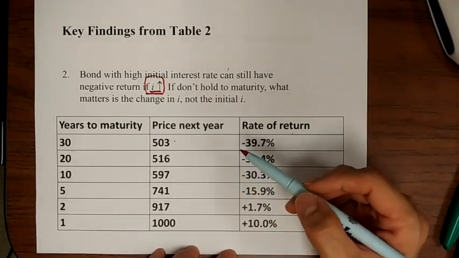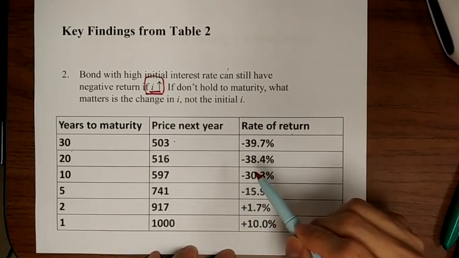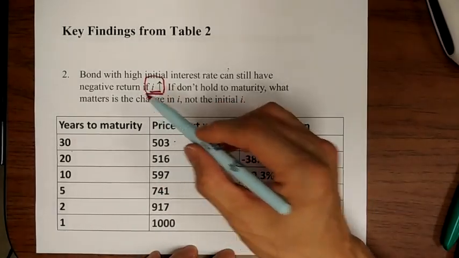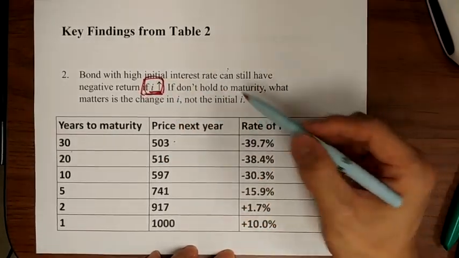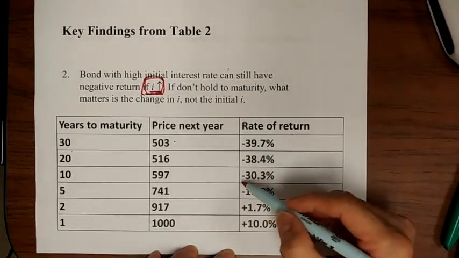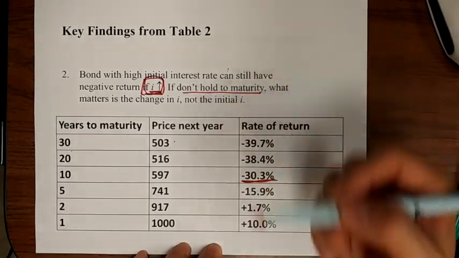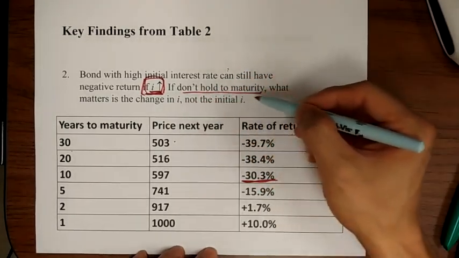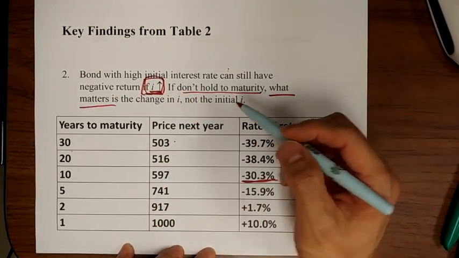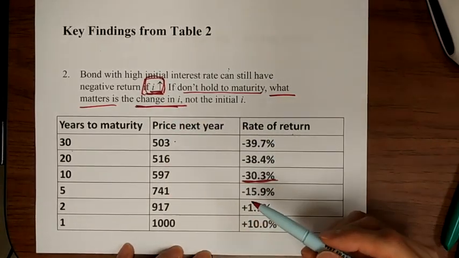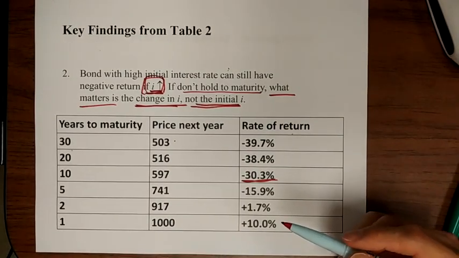It depends on the change in interest rate after you buy the bond. If you buy a bond with a very high interest rate, but after you buy the bond, interest rate keeps going up like 10% to 20%, then actually you lose money. If you don't hold it to the maturity date, your rate of return will be negative. Therefore, what matters is the change in interest rate after you buy the bond, not the level of the interest rate when you buy the bond.